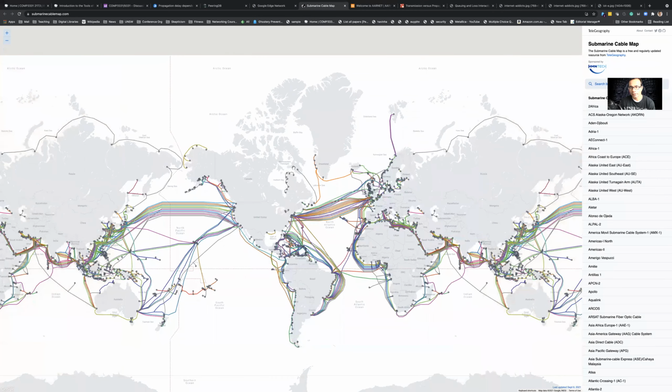Where's that? Yeah, so this shows you how the network actually looks like, right? When we're talking of global coverage. Given that there's a lot of oceans around us, the actual traffic is carried in cables that are deployed on the ocean floor. So for example, here we are, and obviously there's a massive ocean separating us and the United States.